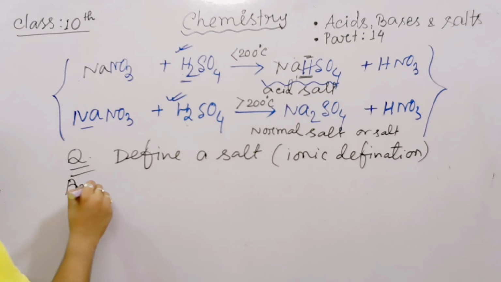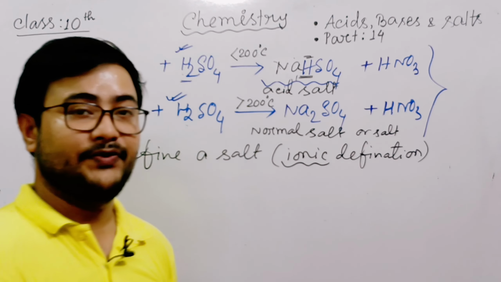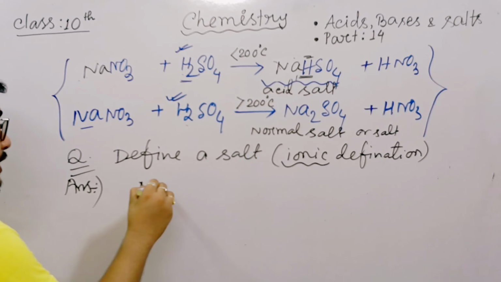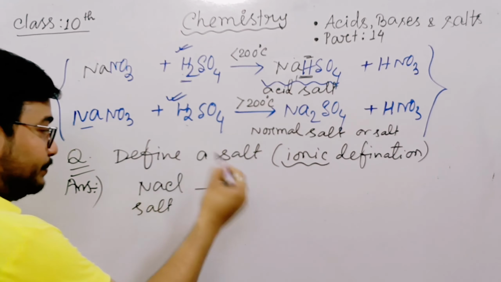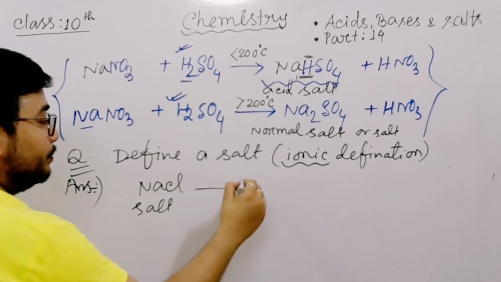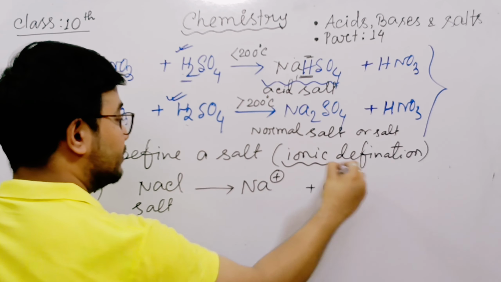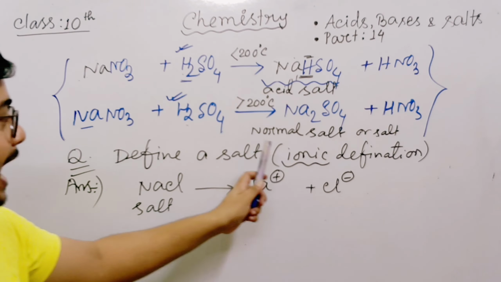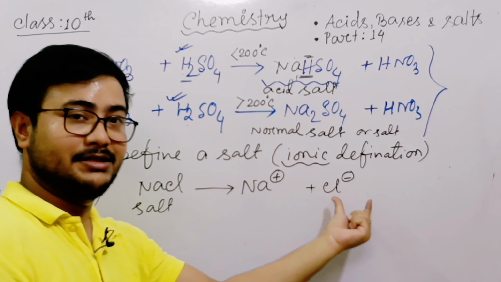We already defined what is salt, okay, but what is called ionic definition? See, all of you know sodium chloride a common salt, no? If you break or decompose sodium chloride, it will form Na plus Cl minus. So what is ionic definition? It is a compound. Dissociate, form two ions.